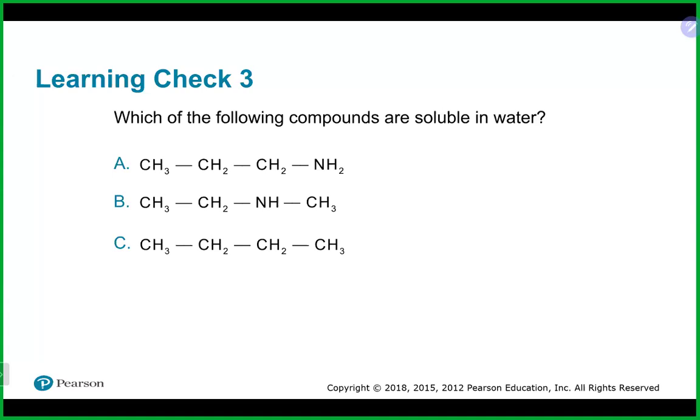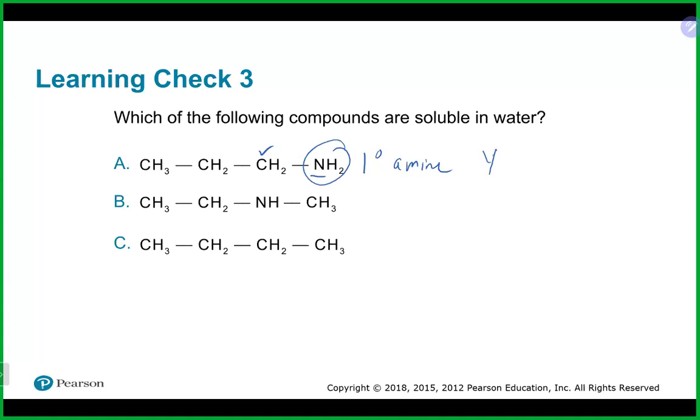Okay, so let's take a look. The first one here is a primary amine. We have the nitrogen directly attached to one carbon, and that means it has a couple of hydrogens that definitely can participate in hydrogen bonding, which means I would think it should be fairly soluble in water, because it could do a lot of hydrogen bonding.